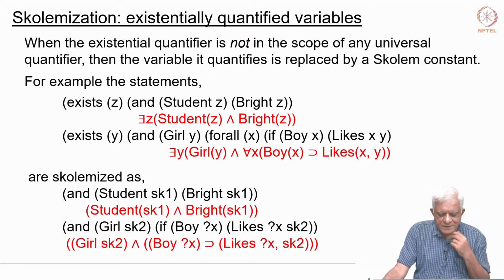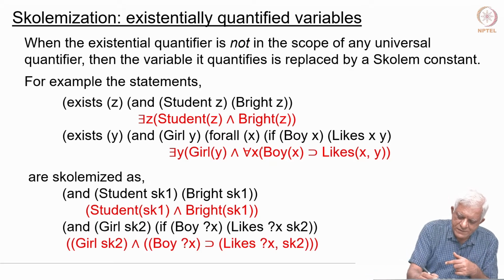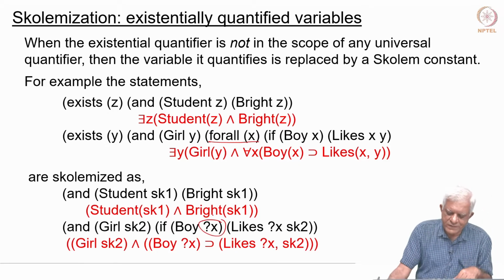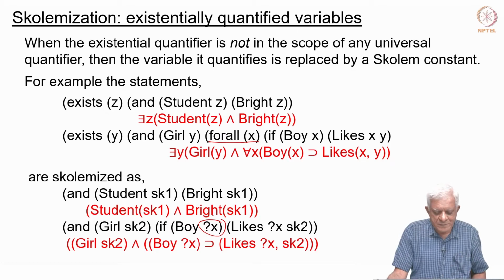In the second example, we will replace that girl y with SK2. Notice we have chosen a second constant name, SK1 and SK2. Whereas x, which was universally quantified, remains universally quantified in our formula, and we use the implicit quantifier notation of putting a question mark before it.